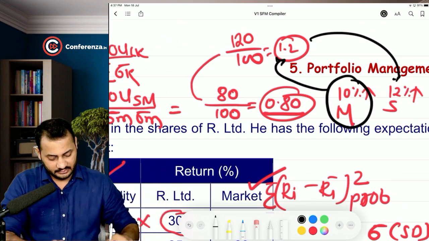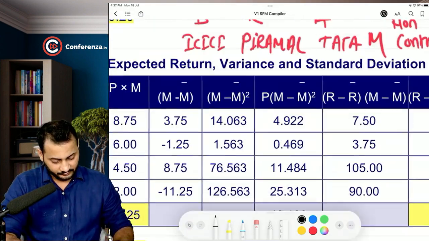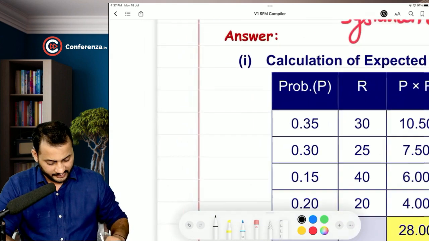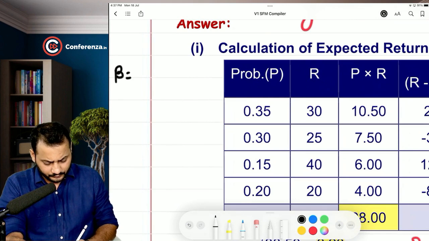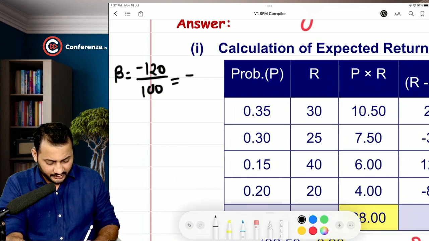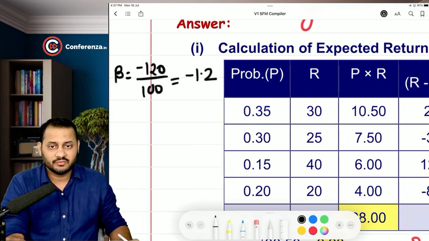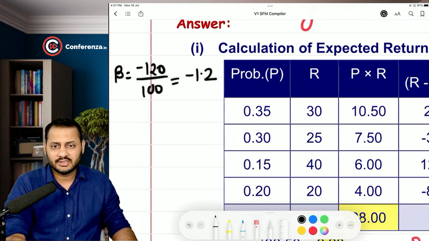Again, let me take another example. Let's say beta is equal to minus 120 divided by 100. At this point, the beta will be minus 1.2. And what does that mean?